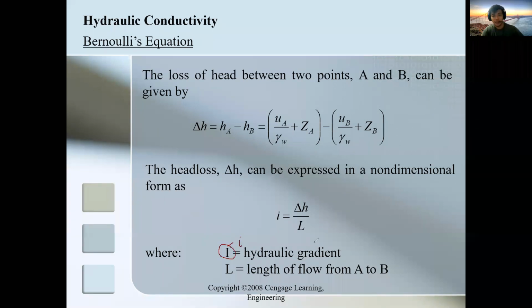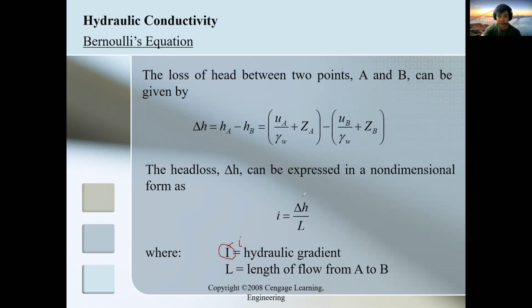So i is the hydraulic gradient and L is the flow of water from A to B. Again, as I mentioned in the previous slide, L should be parallel to the direction of the flow. So H again is the head loss or the head added or the difference of head between 2 points.